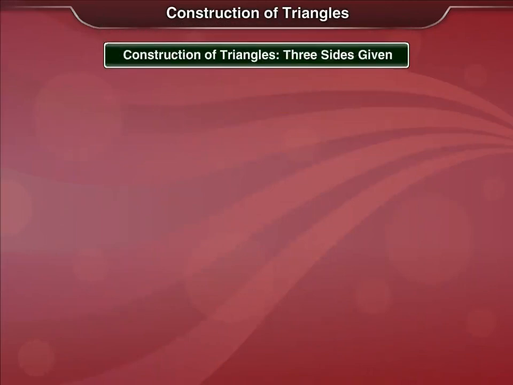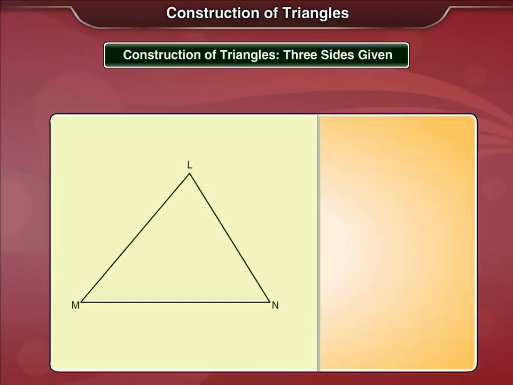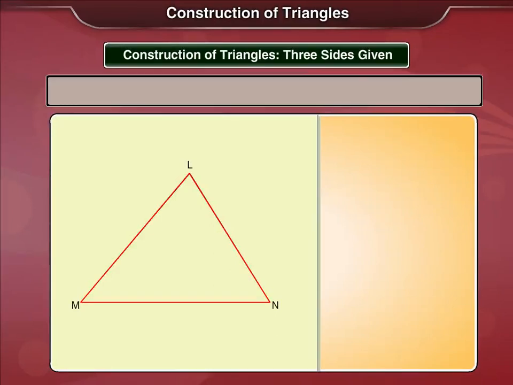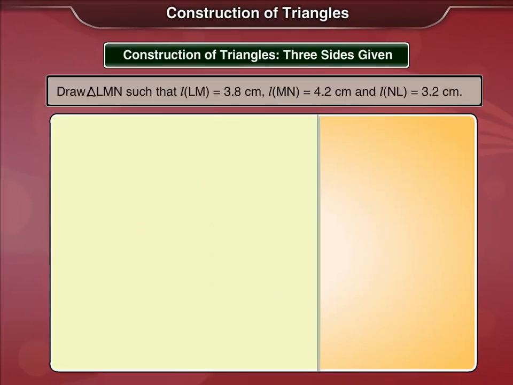Construction of triangles. 3 sides given. Let's construct a triangle when the lengths of all 3 sides of the triangle are given. Draw triangle LMN such that the length of side LM is equal to 3.8 centimeters.